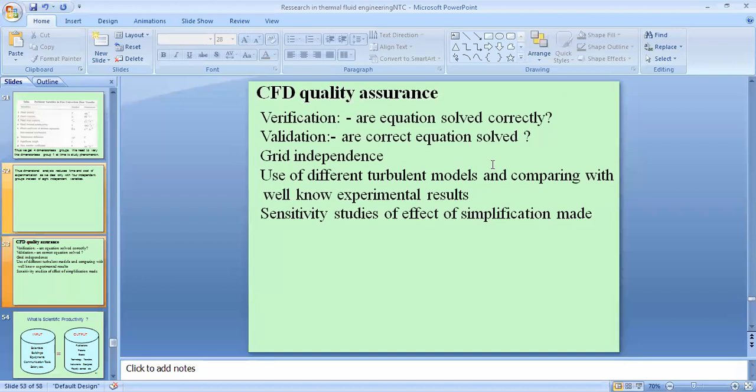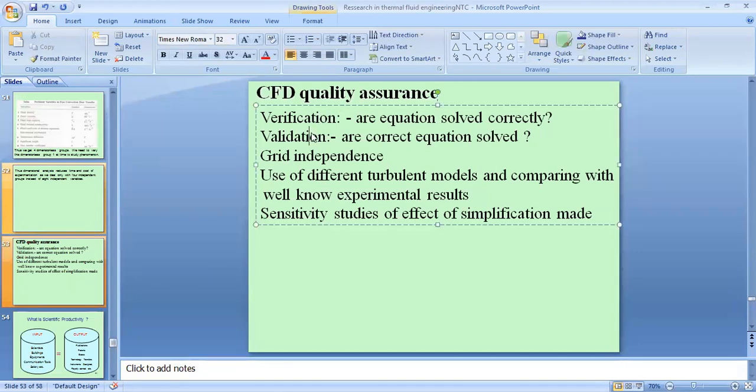Now there is also quality assurance for numerical methods. We have to do verification and validation. Validation means we compare with reality, as numerical work is done in the software. Verification means we check whether we are doing what we intended. For example, if I want 1 meter per second velocity, we check whether it is correctly put in the software.